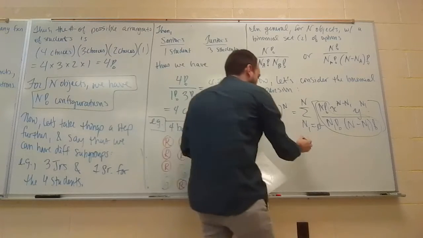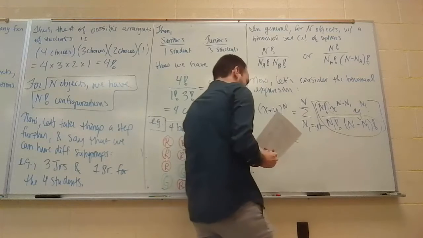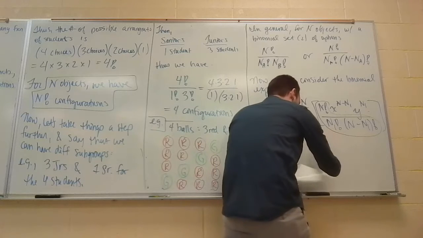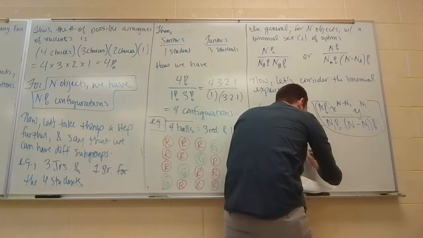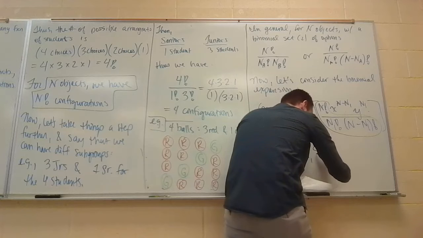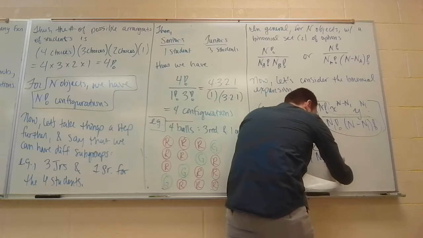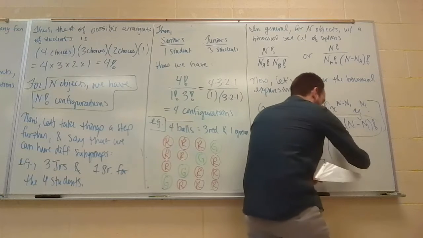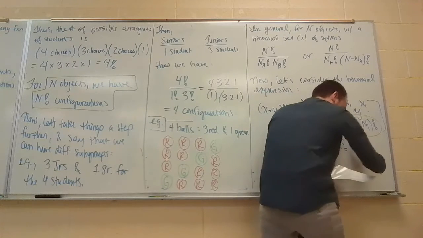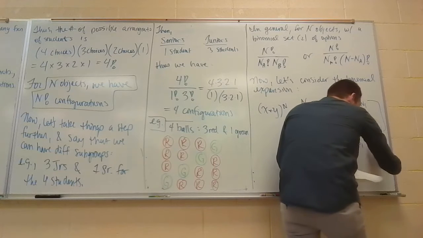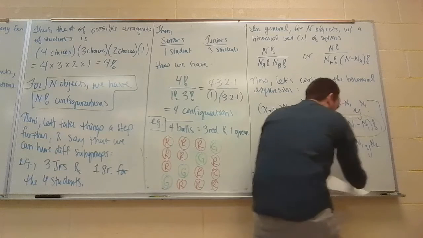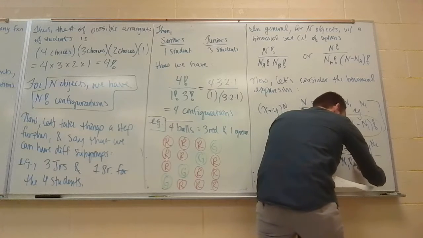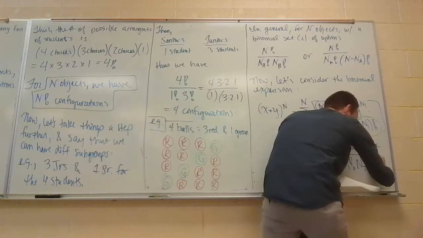So I could also write this as the sum over n1, then the sum over n2 with a star, where I then have n factorial times x to the n1, y to the n2, divided by n1 factorial times n2 factorial.